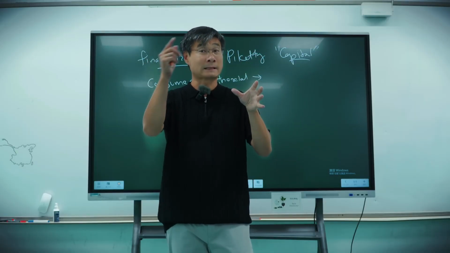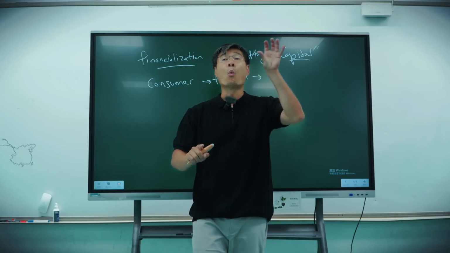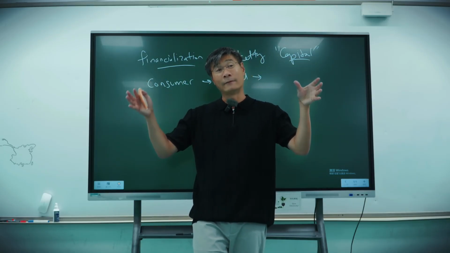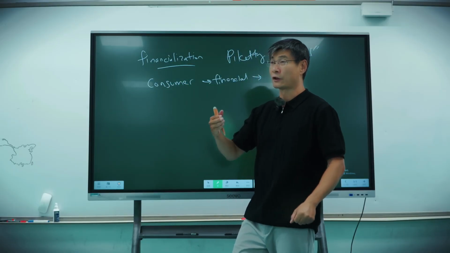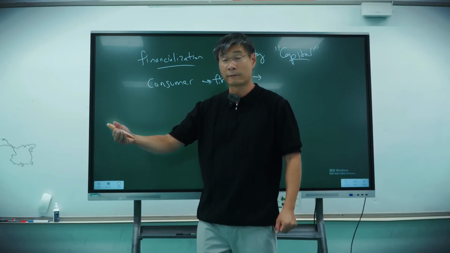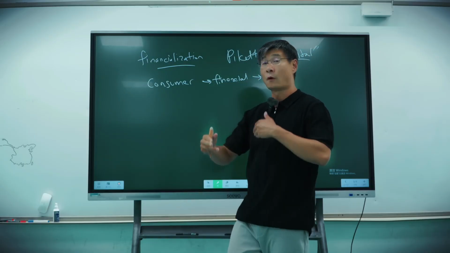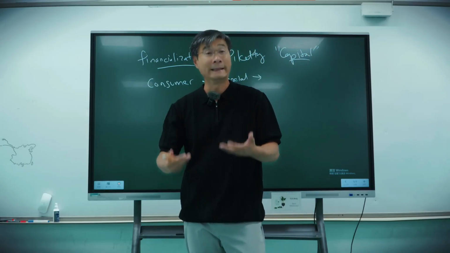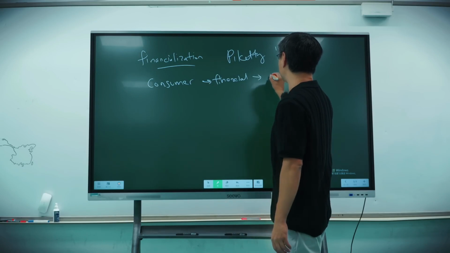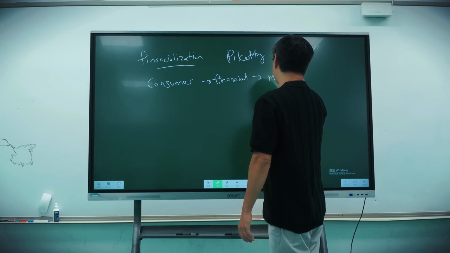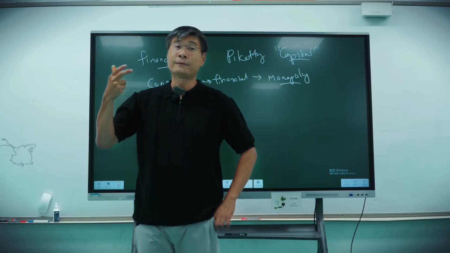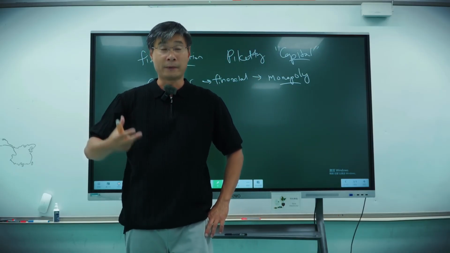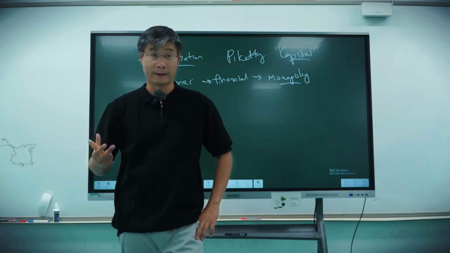But what we discussed last class that's very important is wealth and money are not the same thing. So in the first phase, consumer capitalism, you focus on the generation of wealth. In financial capitalism, you focus on the generation of money. And then you move on to monopoly capitalism, which is where just a few companies control everything.